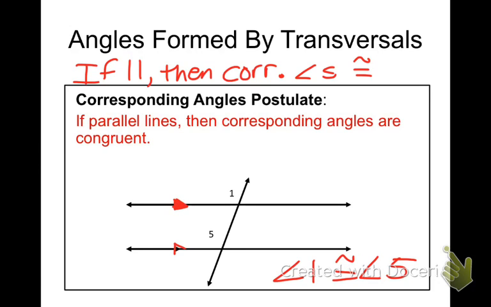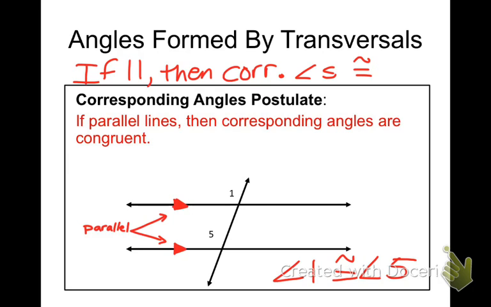Whenever you see arrows on lines, that's telling us that the lines are parallel. Just like we use a tick mark on a line to show congruency, we use arrows to show that lines are parallel. So you can only assume that you have parallel lines when it has those arrows on it, like that.